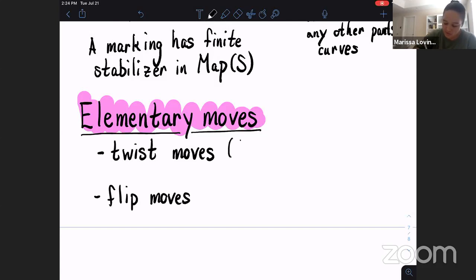The twist move takes a transversal curve and twists it around its corresponding pants curve.